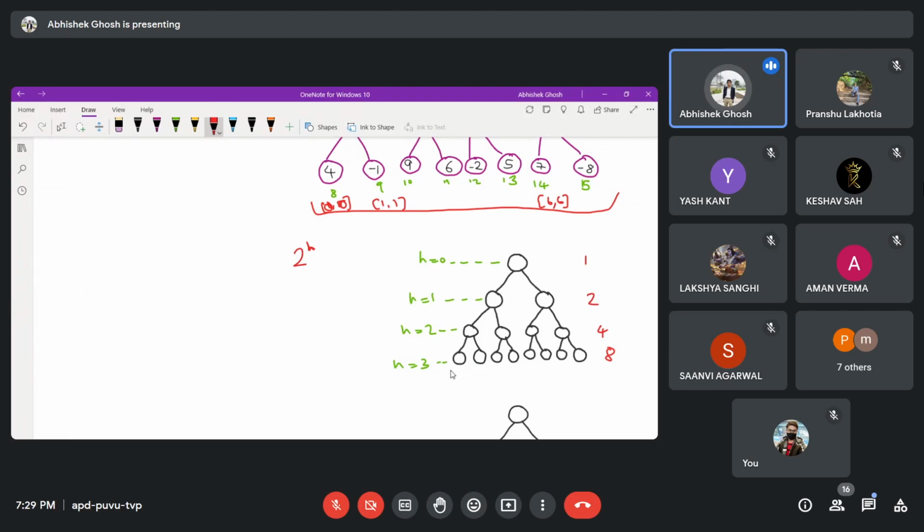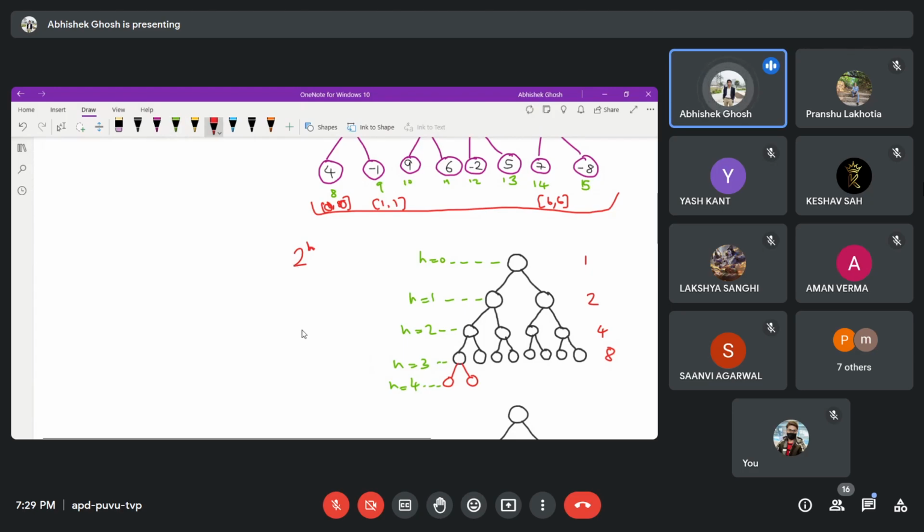So what is the height of the tree? What is the maximum level till which we can go? When n was 8, we had h is equal to 3. What if n was 9? We would have another node, right? Just an increase of one node from 8 to 9 gives us another level in the tree.